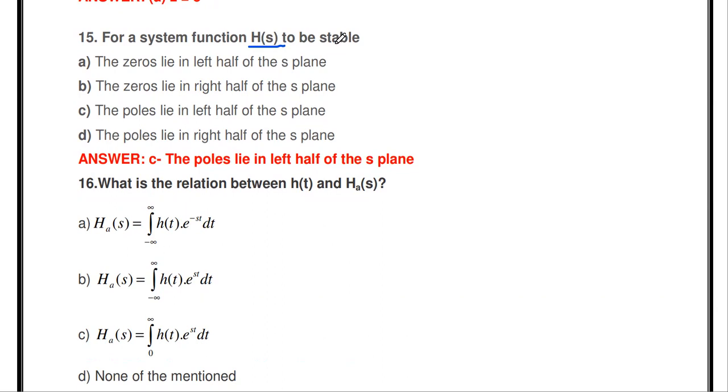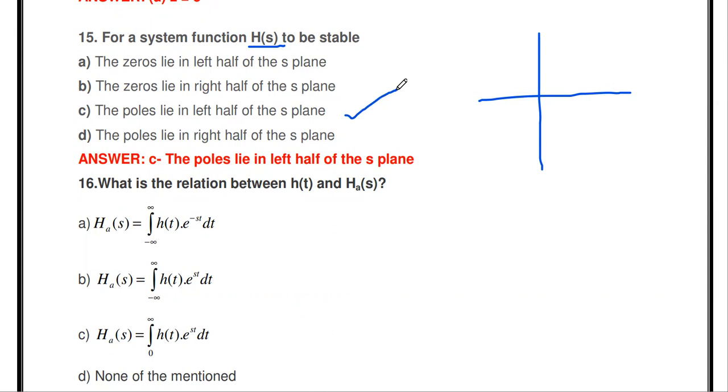So for the system H of s to be stable, what is the condition? Zeros lie in the left half of the S plane, zeros lie in the right half, poles lie in the left half, or poles lie in the right half? For the system to be stable, all poles lie in the left half of the S plane. This is the condition.